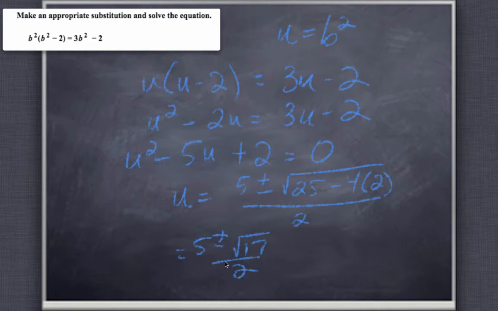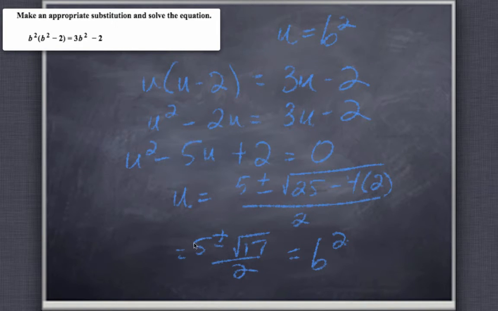Okay, so these weirdly are answers for b squared. So 5 minus root 17. These are both okay. Both of these are positive, so we'll have 4 solutions in the end.